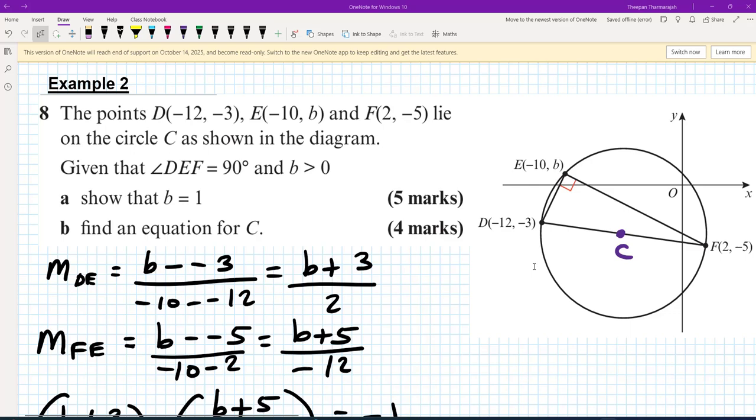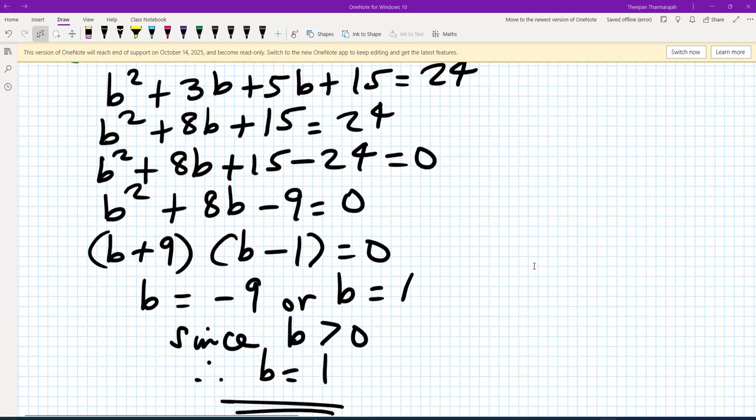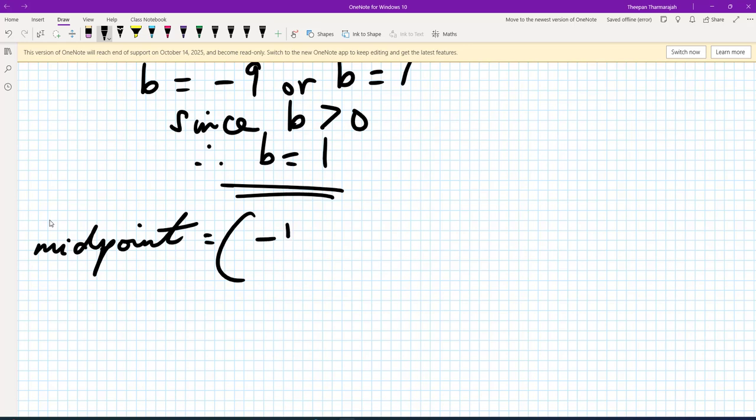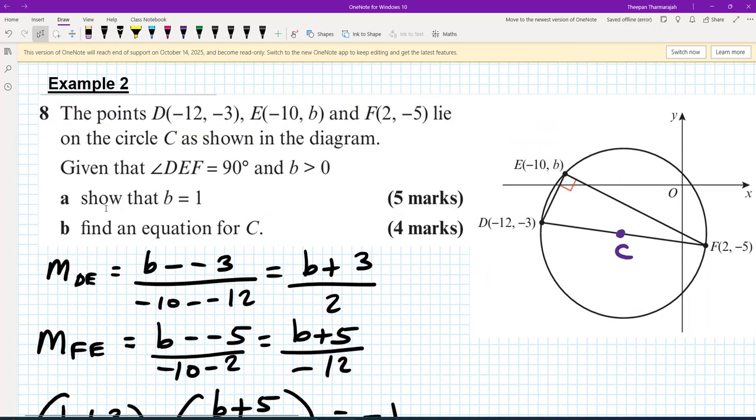So it's going to be (-12 plus 2) over 2. So the midpoint is (-12 plus 2) over 2. Let's just check, got that right.